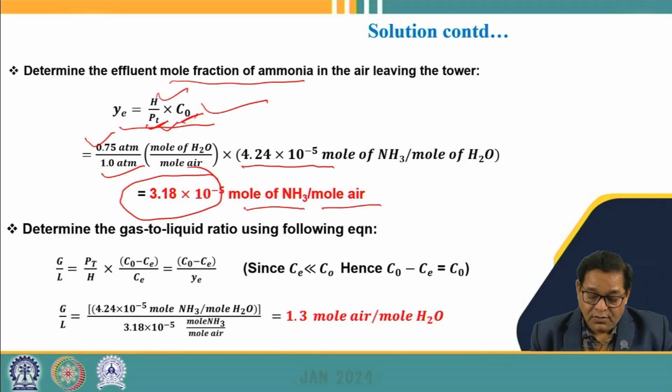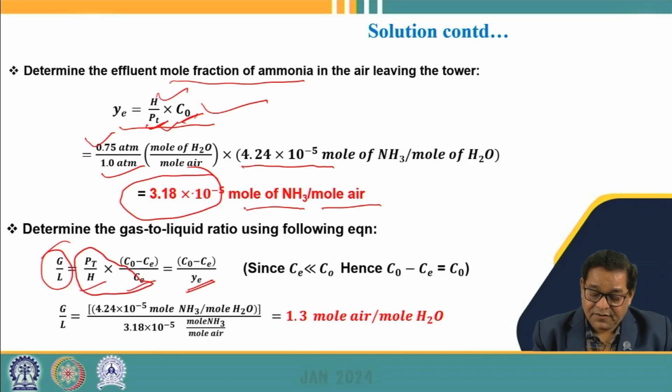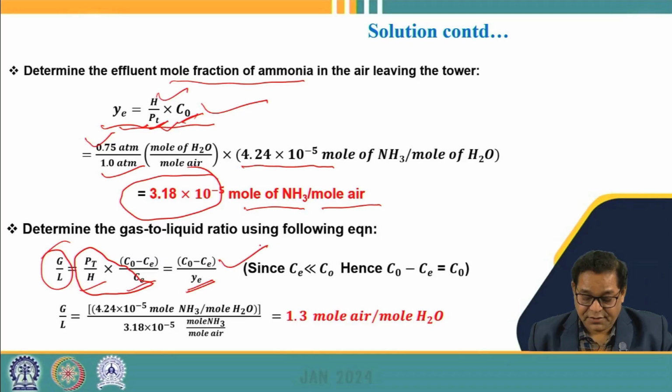So now, because we need to determine the G by L ratio, which is equal to Pt by H into (C0 minus Ce) divided by Ce, this we can write equal to (C0 minus Ce) divided by Y, because we replace it as per this equation, so we get the final equation equal to (C0 minus Ce) divided by Ye.